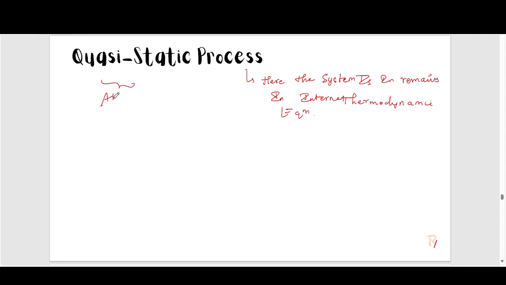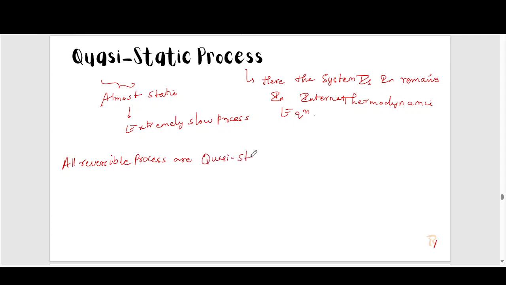Quasi-static means almost static, an extremely slow process. All reversible processes are quasi-static.